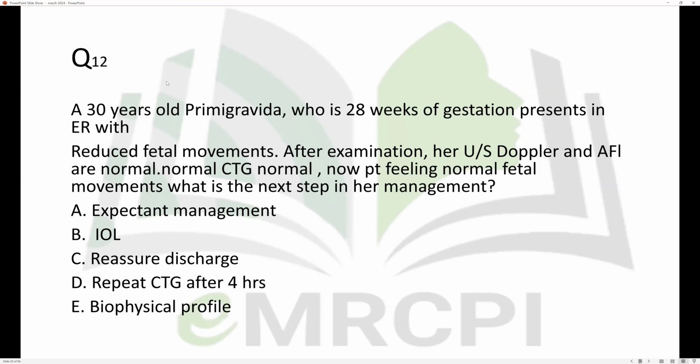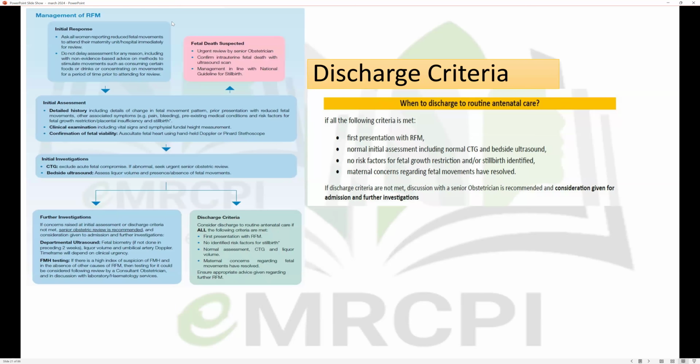Okay. And the Irish guidelines have a very nice algorithm for the management of reduced fetal movement. The Irish guideline on reduced fetal movement was updated recently. So you will just know the initial response to reduced fetal movement. What is the initial response?